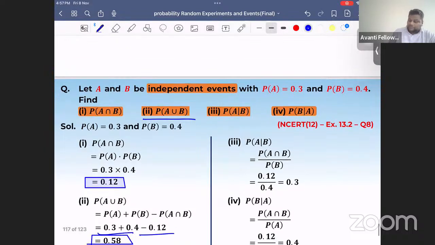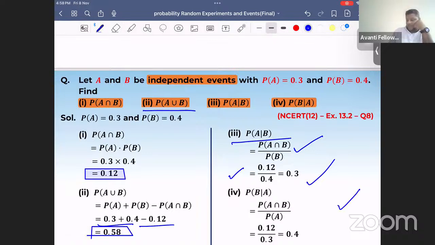Got it? P(A|B) will be P(A intersection B) upon P(B). So 0.12 upon 0.4, that is 0.3, and P(B|A) will be P(A intersection B) upon P(A). So 0.12 upon 0.3 is 0.4. Got it?